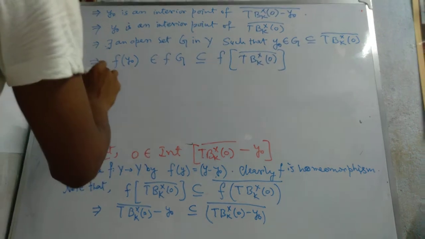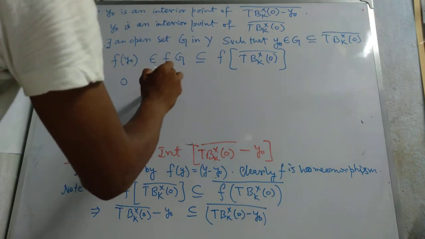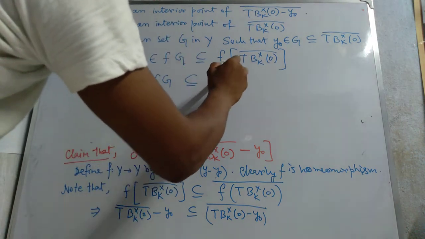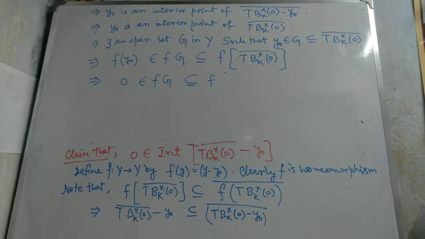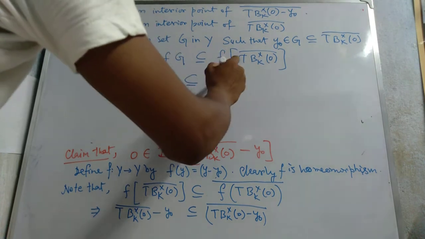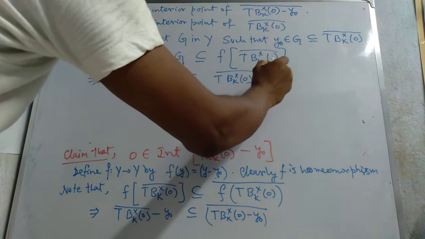This implies that 0 belongs to f(G), a subset of the closure of T(B_k(x0)) − y0.